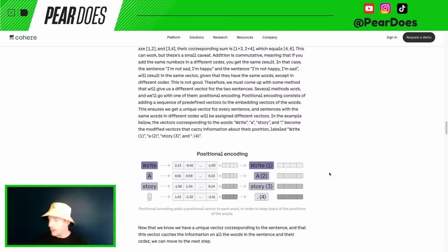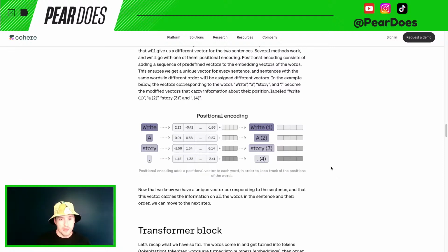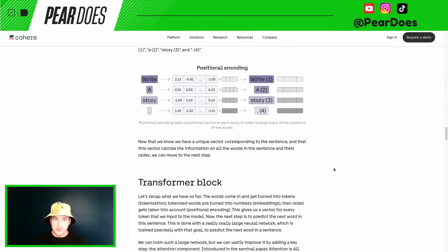So again, it's looking at where those words sit not only in the sentence, but also where those words sit in relation to one another and their meanings. So now that we have a unique vector corresponding to the sentence, and that this vector carries the information of all the words in the sentence, it moves forward to the next step, which we're learning today, of the transformer. This is the transformer block, the essence of what makes this a transformer model.